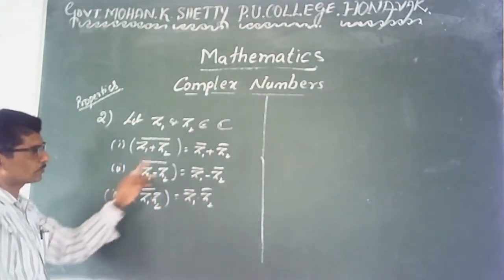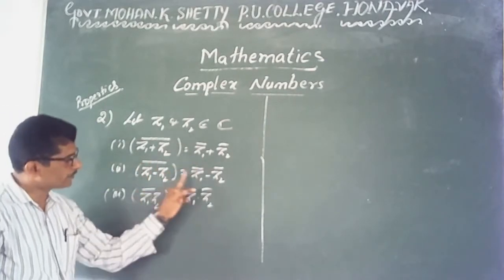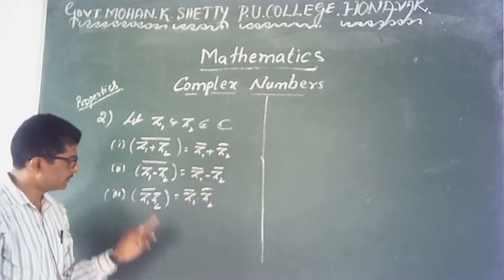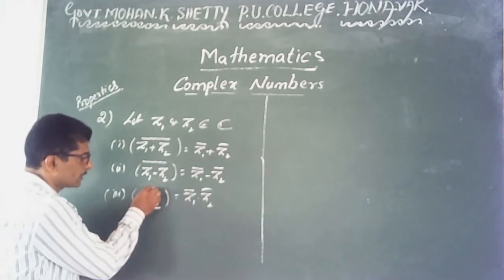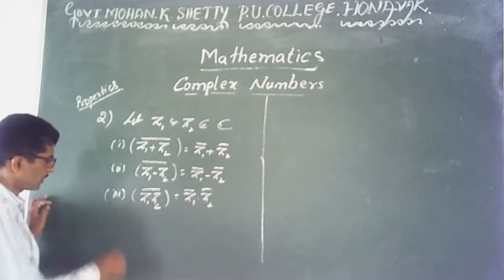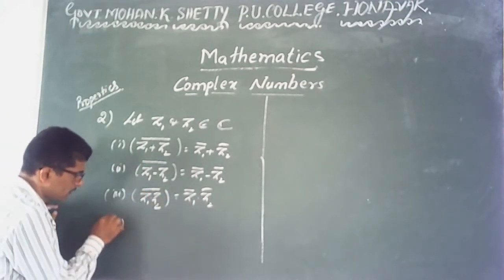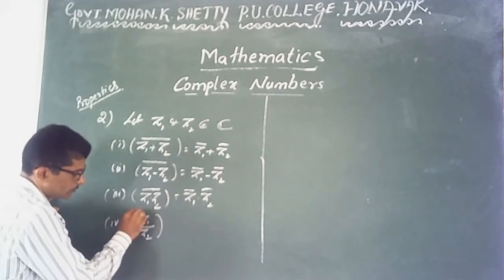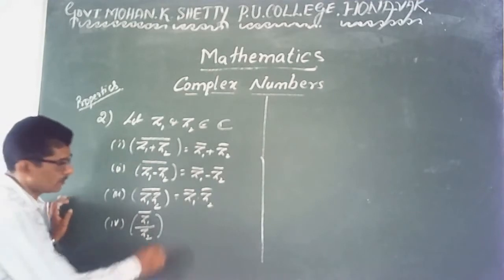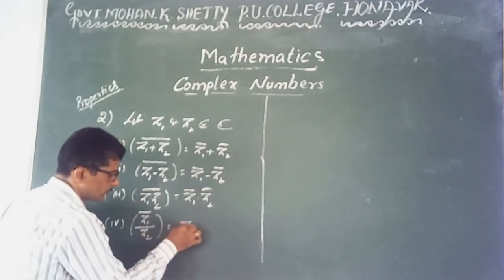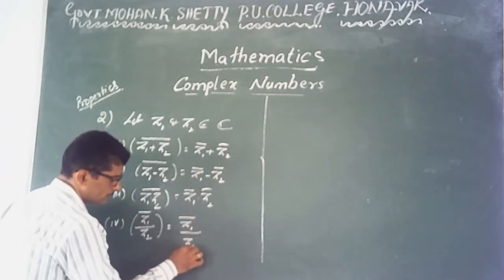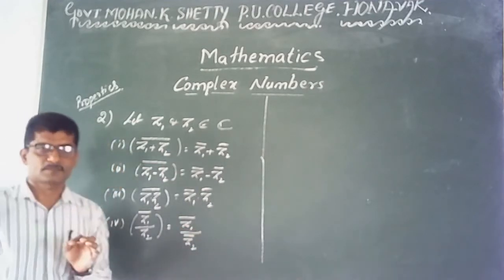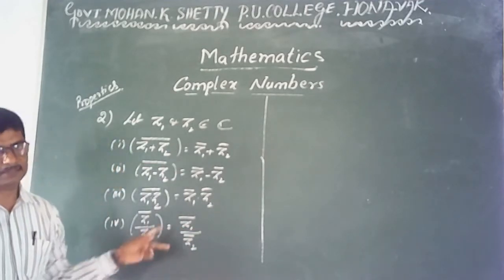Remember, the conjugate of a sum is the sum of conjugates, of a difference is the difference of conjugates, and of a product is the product of conjugates. Similarly, the fourth one, z1 divided by z2, where z2 is not equal to 0, whole bar is always equal to z1 bar divided by z2 bar.